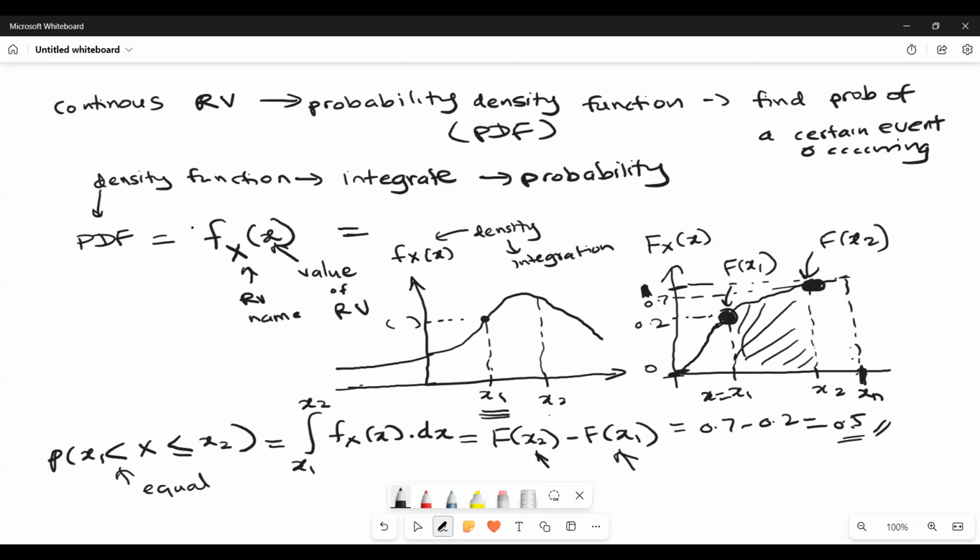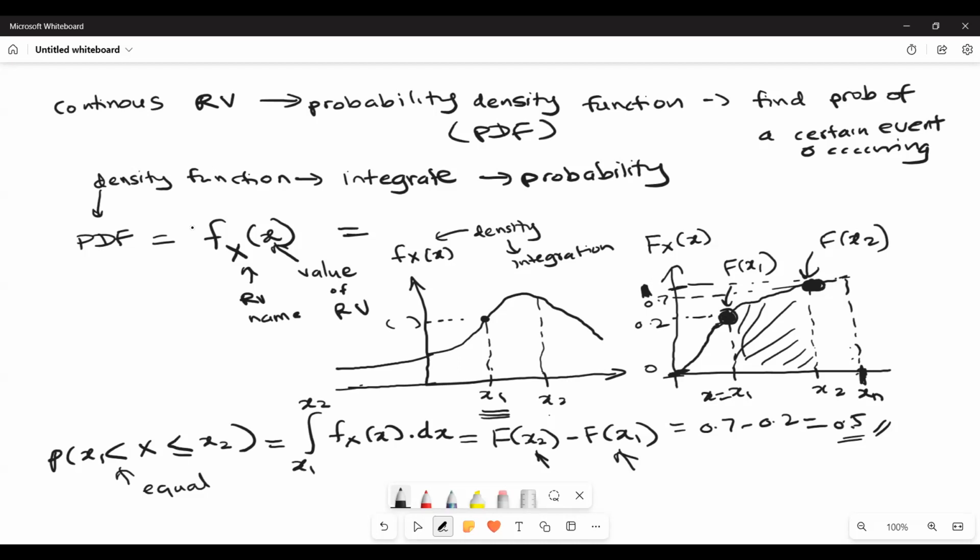So if I want to take this additional thing, I need to add it separately, manually, by finding the probability separately. So from the cumulative distribution function, I cannot find the exact probability related to the x equals x1 value, but that can be found using the probability density function.